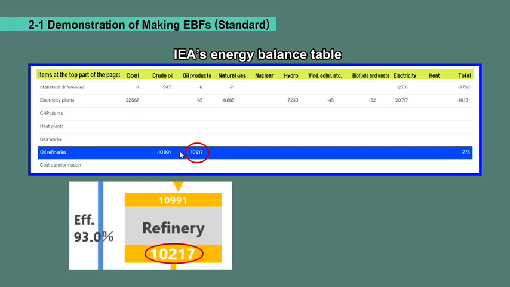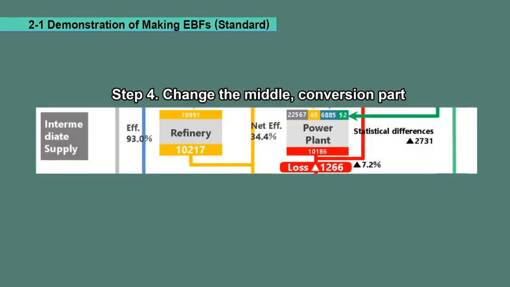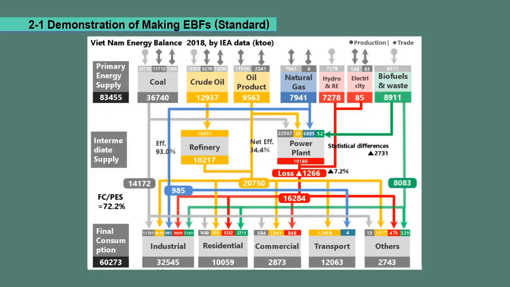Enter the output of oil refineries, 10,217, the output in the lower part. Calculate the ratio and get 93%. The conversion part is now finished, as well as entry and confirmation of power plant and refinery net efficiencies.